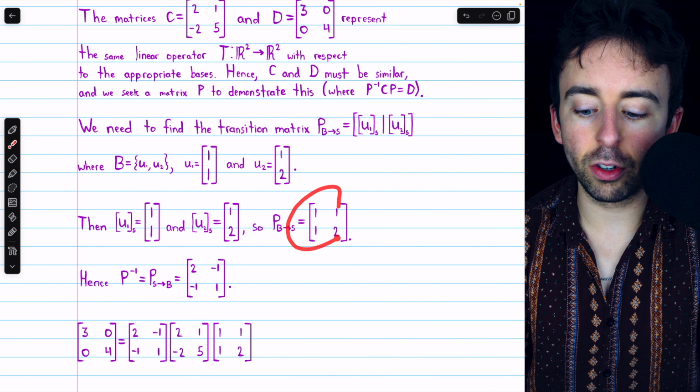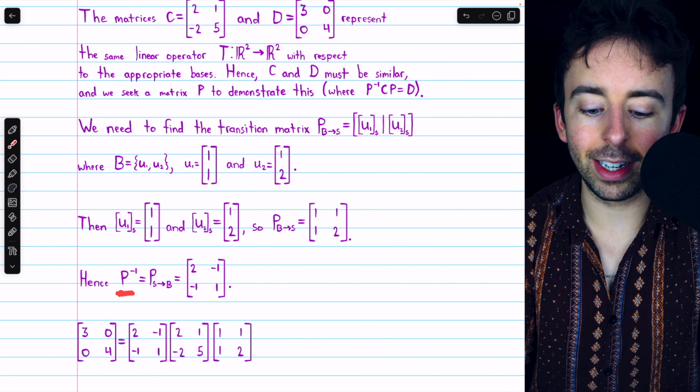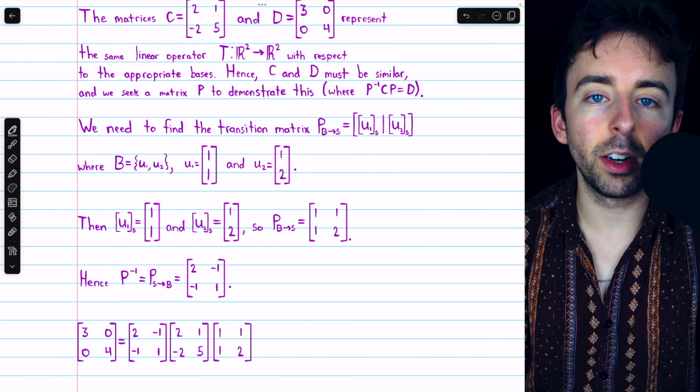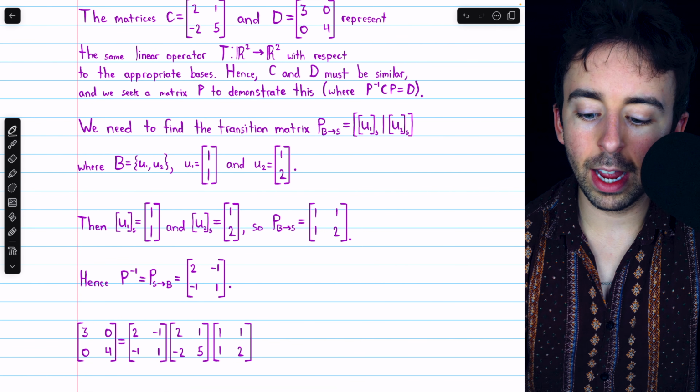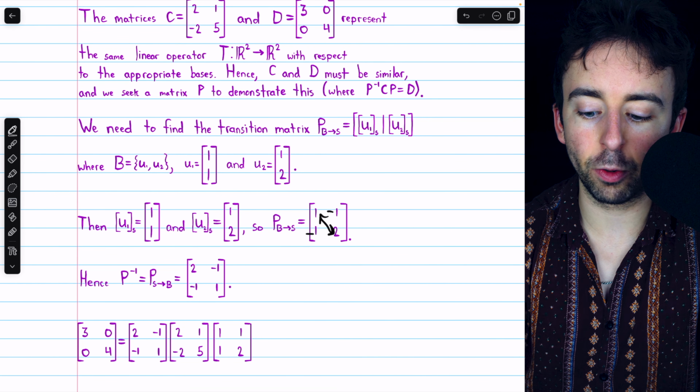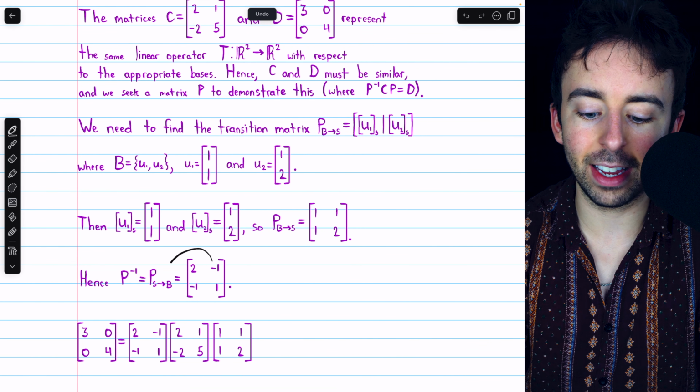And of course, this is a 2 by 2 matrix. It's straightforward to find its inverse, which is this matrix here. Remember, that requires us to divide by the determinant, which is 1, and then just swap these two entries, and then negate those two entries. And that's how we arrive at this inverse matrix.